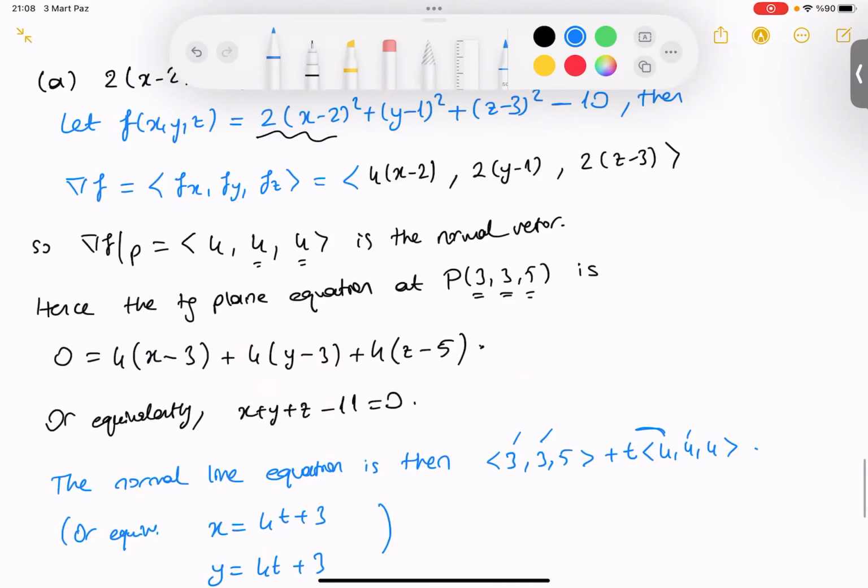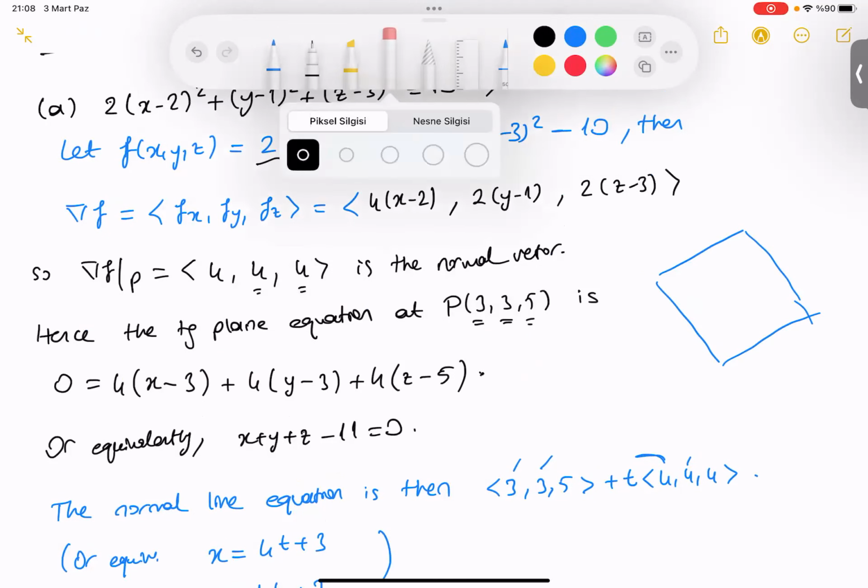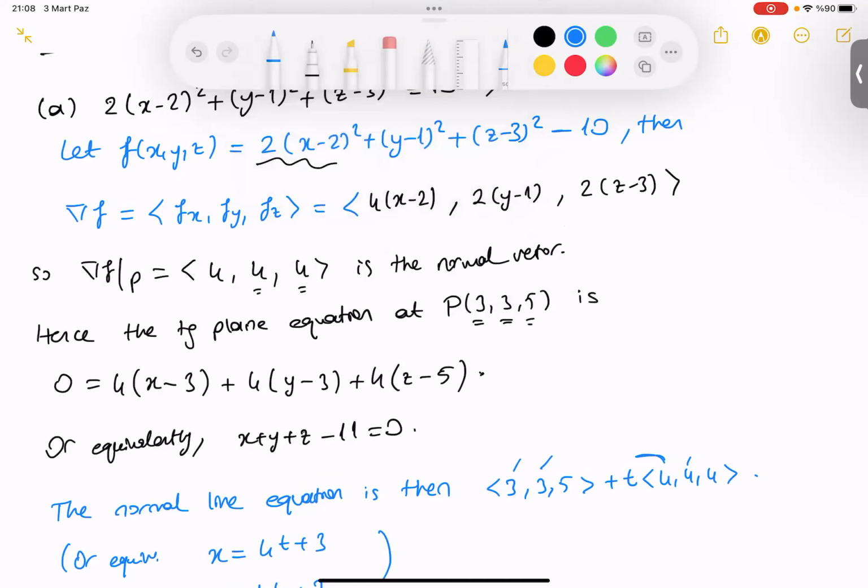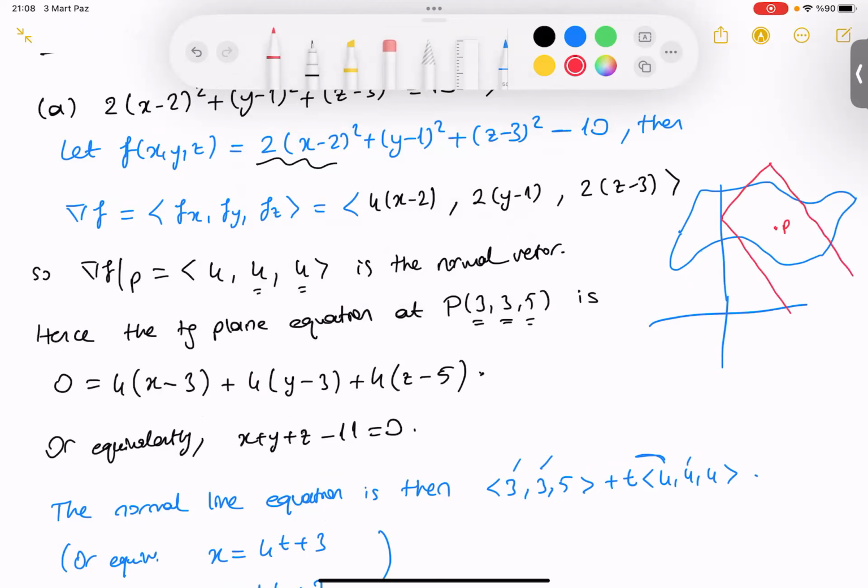Okay, so we had a plane. Sorry, we had some surface. Let's say this. Okay, we had a point on it. Let's say P. We found a tangent plane equation. Okay, this is the tangent plane, let's say. It continues like this. It's a plane.